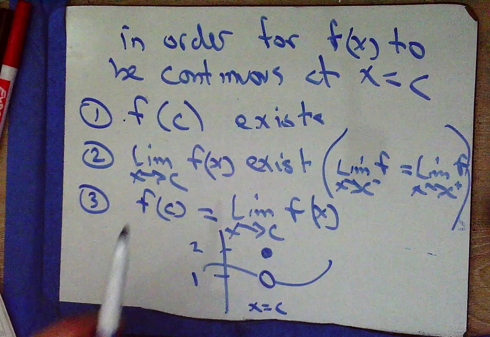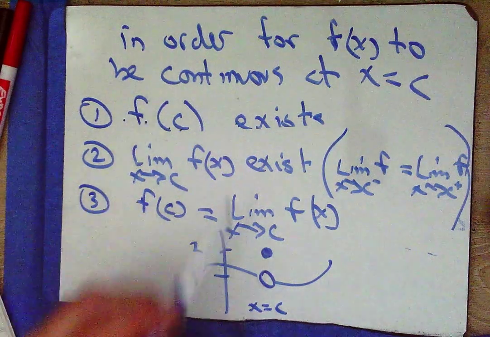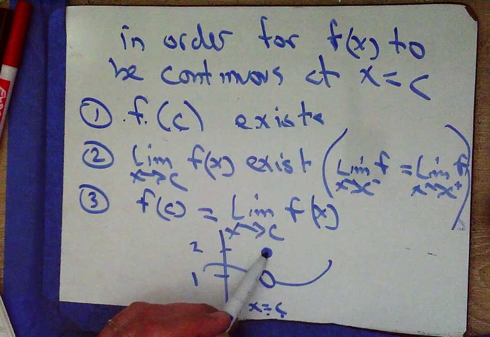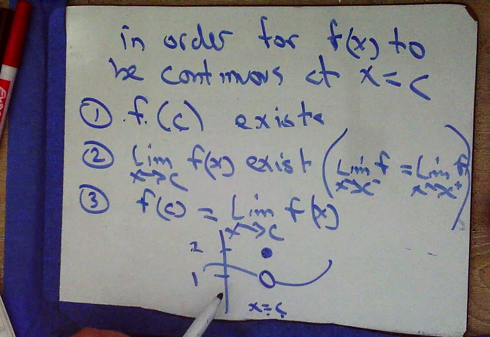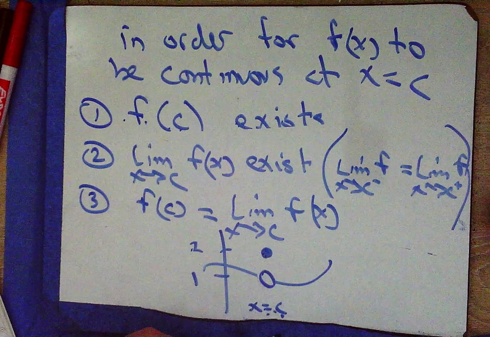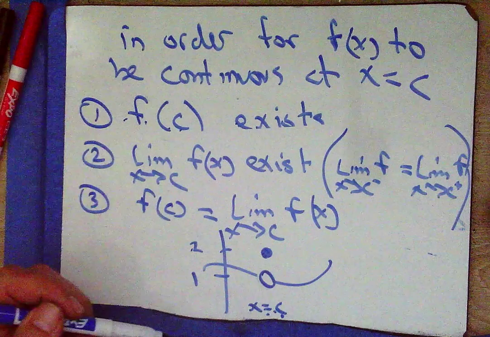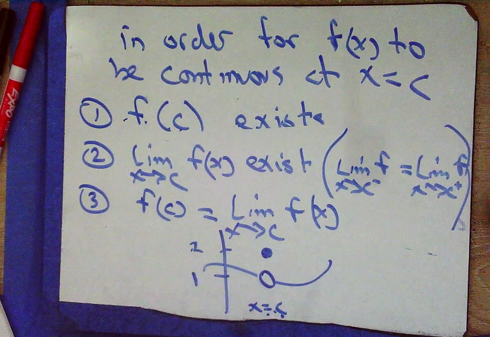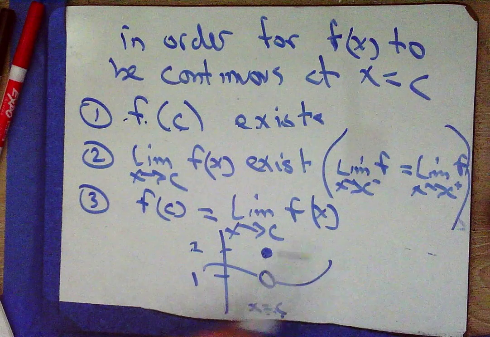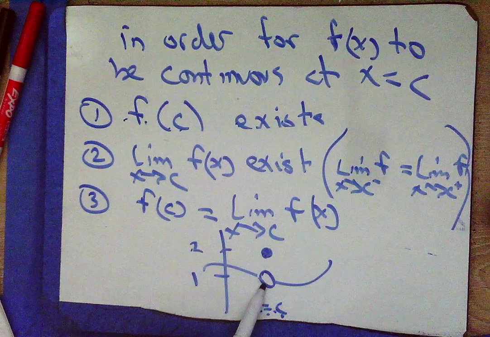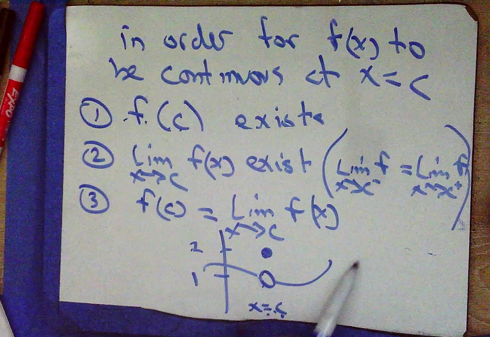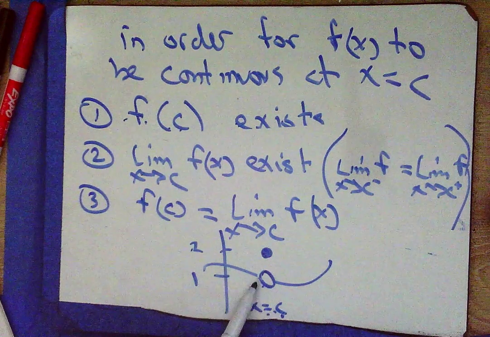Does f of c exist? At x equals c, the function is defined by that dot. It equals 2. So that one's good. Now what about the limit as x approaches c? As x approaches c from the negative side, we're approaching a y value of 1. As x approaches c from the positive side, we're approaching a y value of 1.